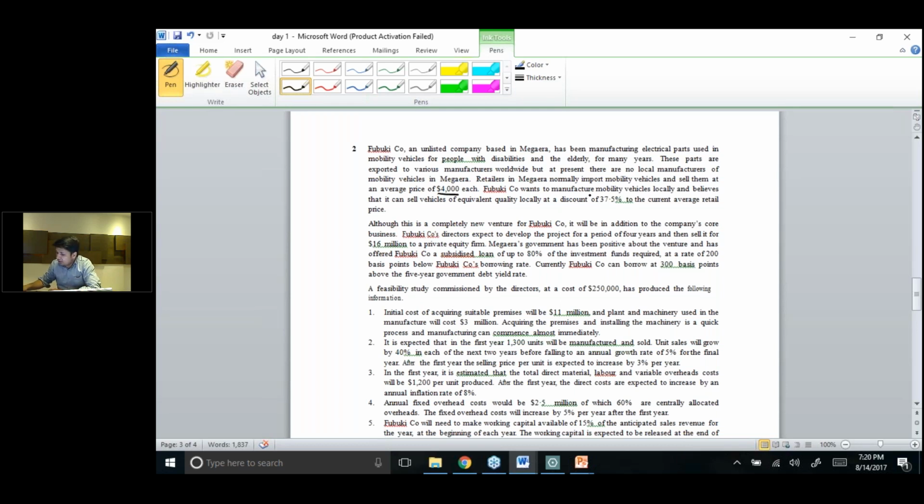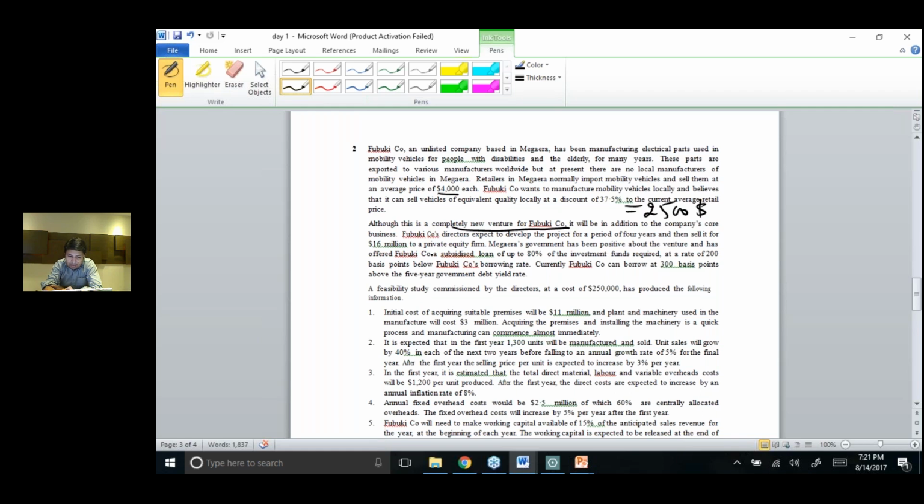That means the new selling price is equal to $2,500. So the selling price is $2,500. This is a completely new venture. That means business risk is changing from the previous business risk of this company.